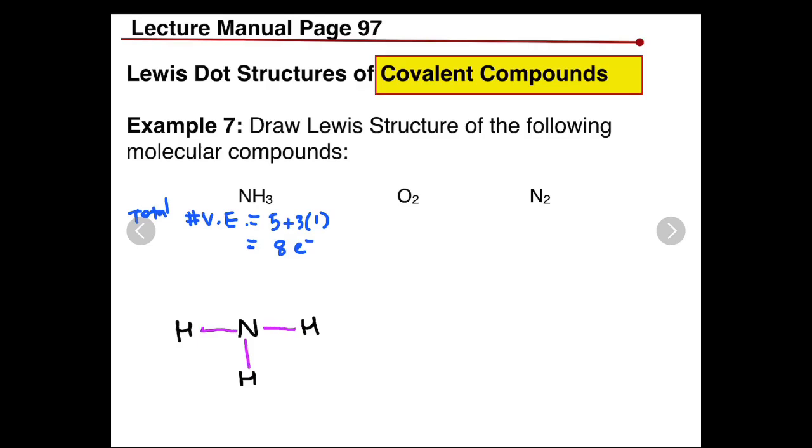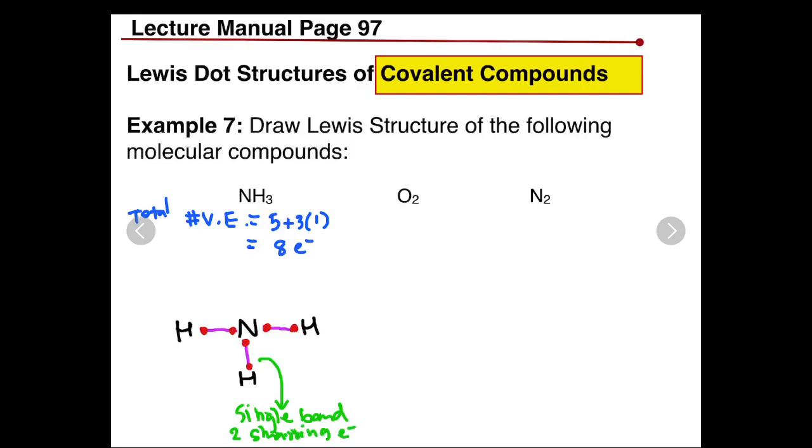Each single bond contains 2 electrons being shared. One comes from nitrogen, the other comes from hydrogen, and they share those electrons together.